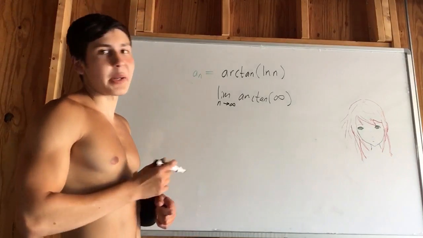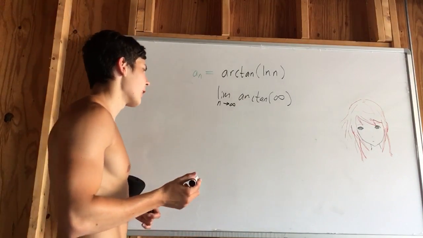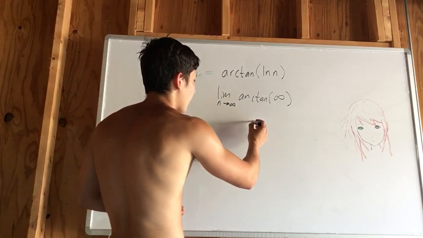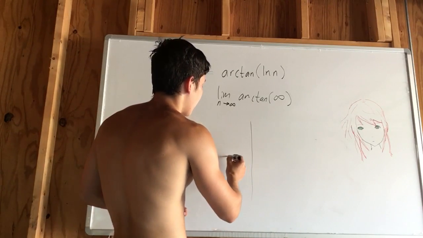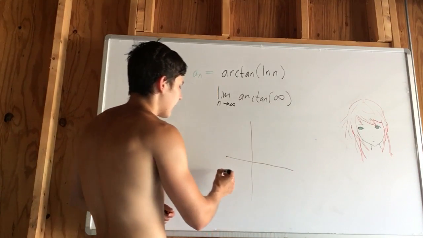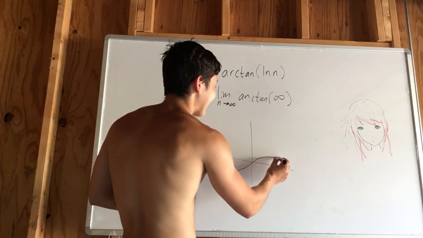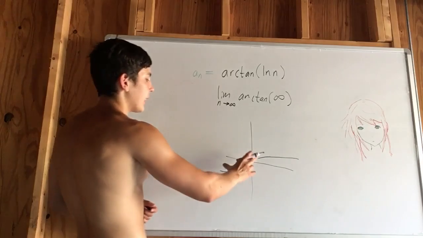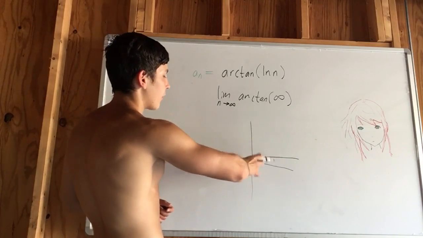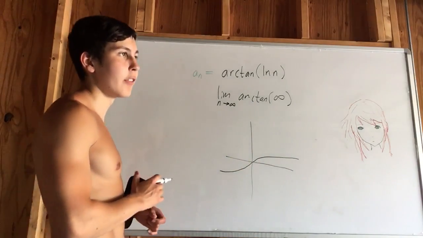And what is the arctangent of infinity? Again, you have to think of what is arctangent? What are we really talking about? Arctangent looks like this. It's the sort of flipped version of tangent.